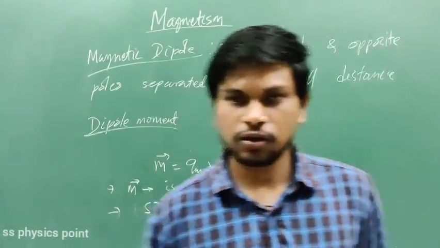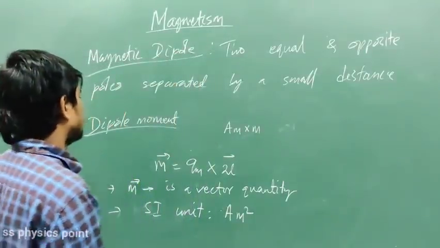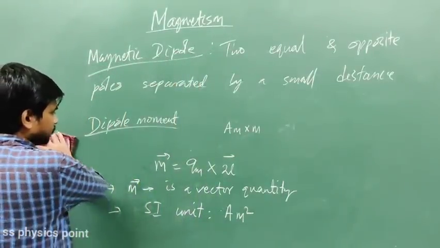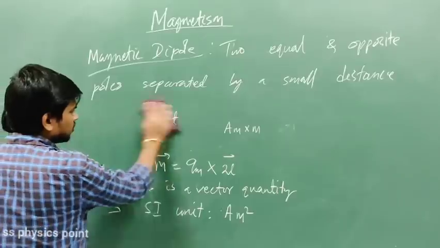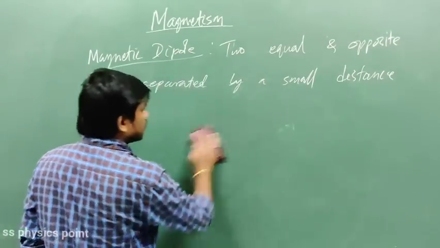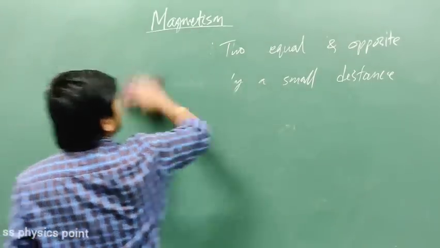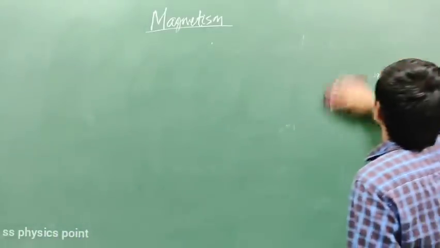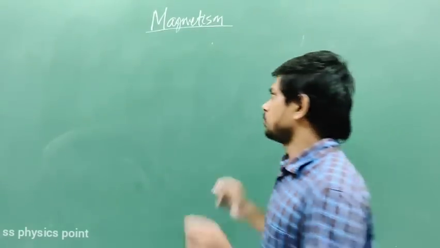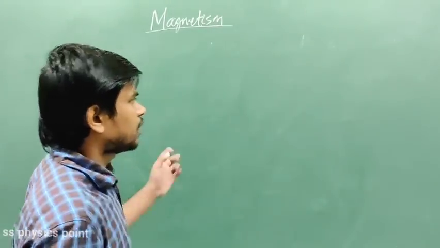This was all about dipole and dipole moment. Then the next thing we are going to study, I am just erasing this, is the magnetic field. You have to find the magnetic field at the axis of a bar magnet, or of a magnetic dipole.